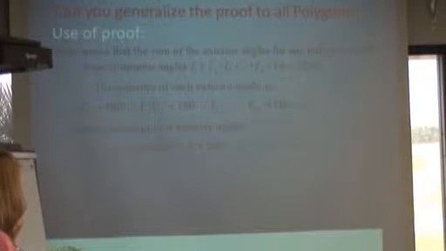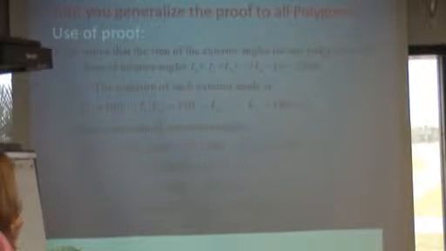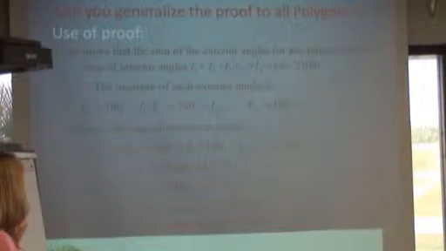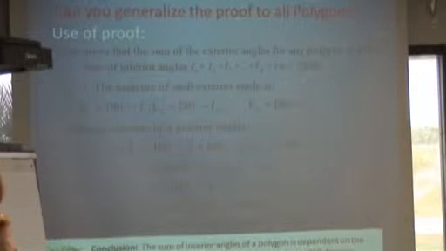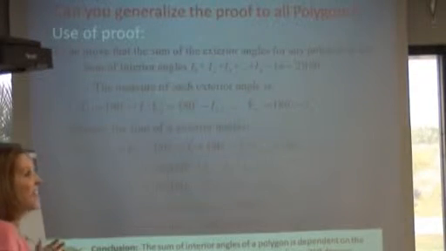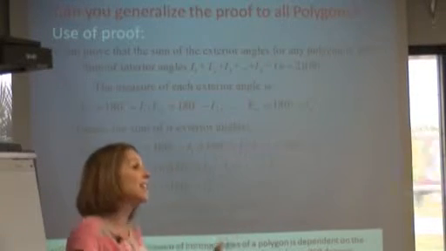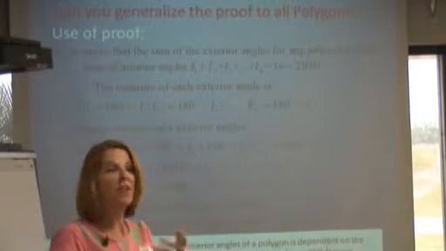So then the sum of n exterior angles, and you might want to look at it closer later, equals 360. So that proves it in general. So this again, maybe the honors class, maybe differentiating instruction, maybe an extension for kids that finish early. Okay, why don't you prove this?